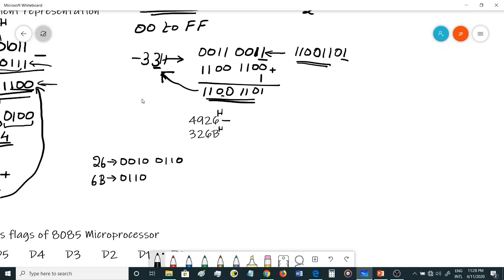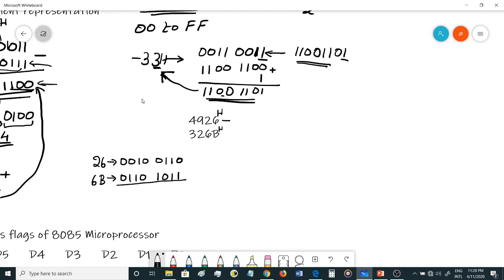B is 11. 11 is 8 plus 2 plus 1, that is going to be 1 0 1 1. So when you subtract these two numbers, 26 minus 6B, you will get it as, let's look at what is the result that you are going to get.